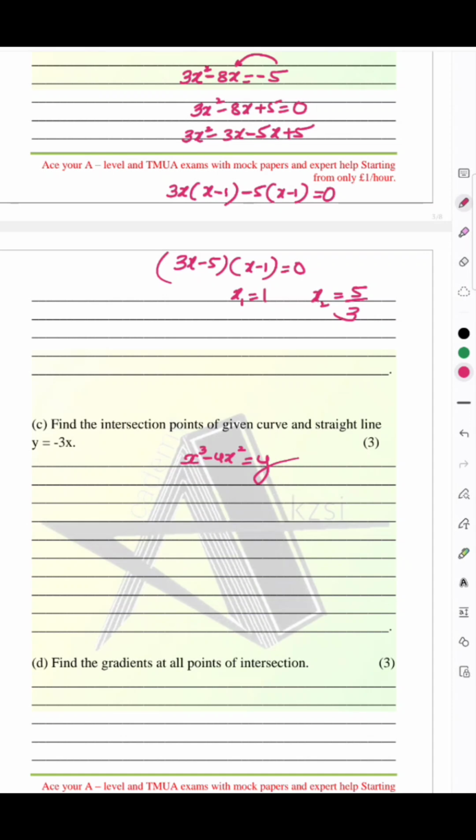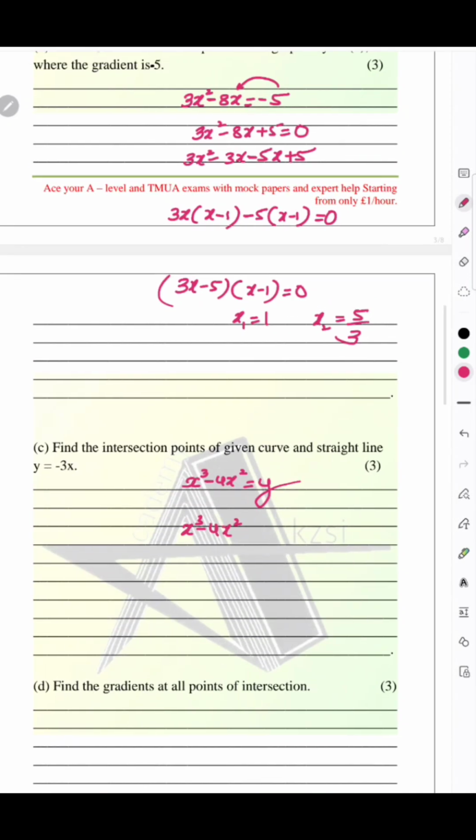So that means this is a simultaneous equation that we have to solve, because simultaneous equations are the set of equations where they share the same values of x and y, or the different variables. So I can equate x cubed minus 4x squared, because in both the cases y is same, so I can equate them. This equals negative 3x.